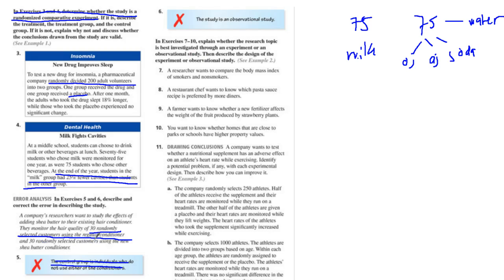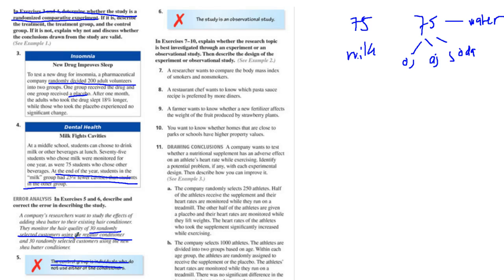But there's only one regular conditioner, so we could tell that all of the customers using that one regular conditioner most likely didn't all choose that one conditioner. And if they did all choose it, it wouldn't have been random. Therefore, it's an experiment, not an observational study.